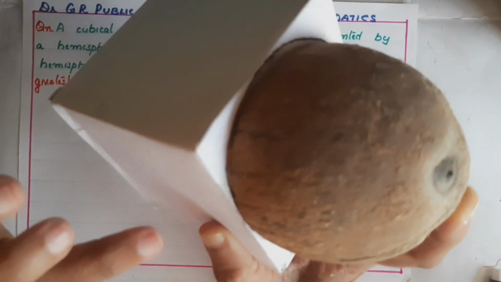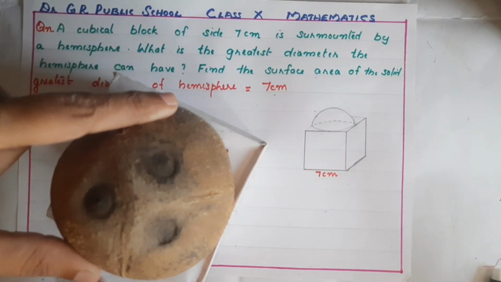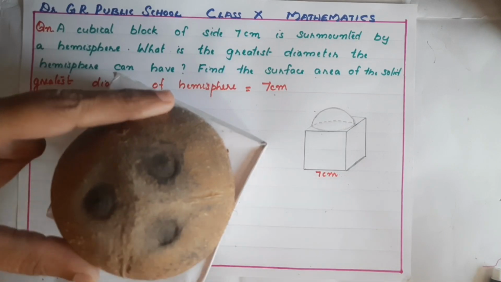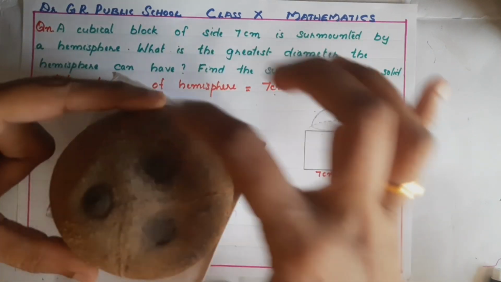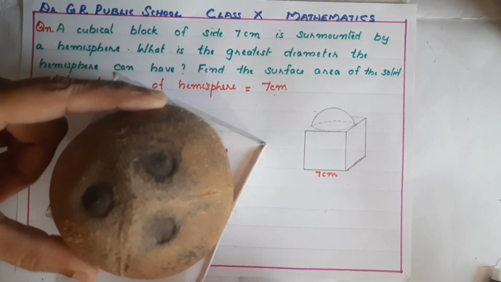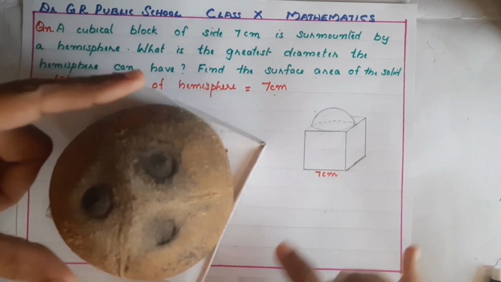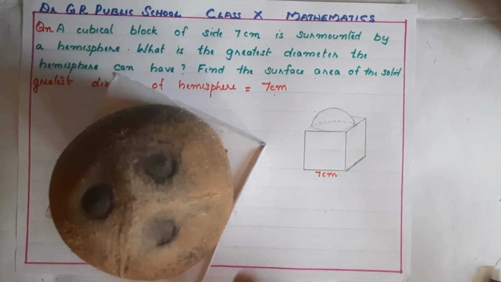We can see the area of all these lateral faces, then this bottom face, then some portions on the top face, and then CSA of this hemisphere. So the total surface area of this solid is the sum of all these areas of visible faces.